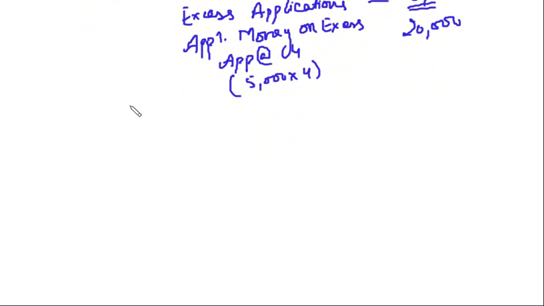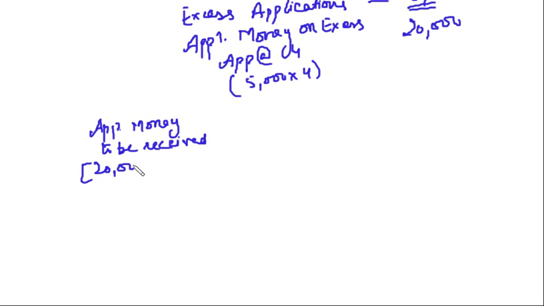The other way is application money to be received. What was the application money to be received? 20,000 issued shares multiplied by 4. This comes to 80,000.